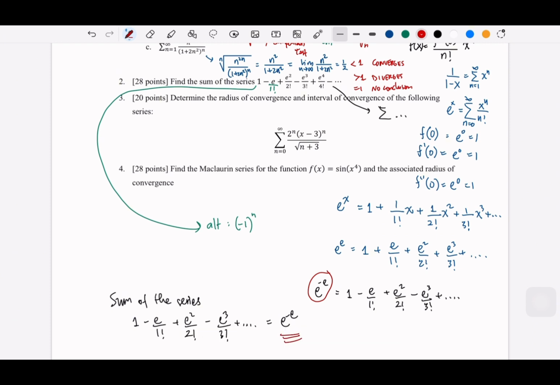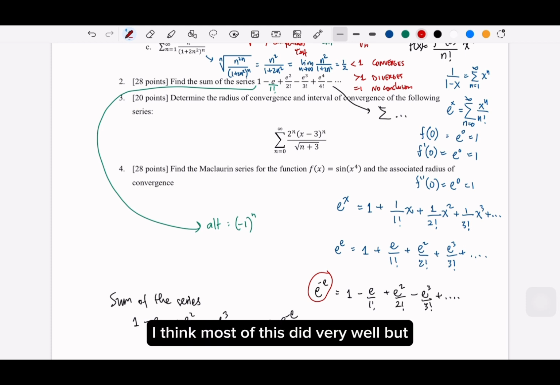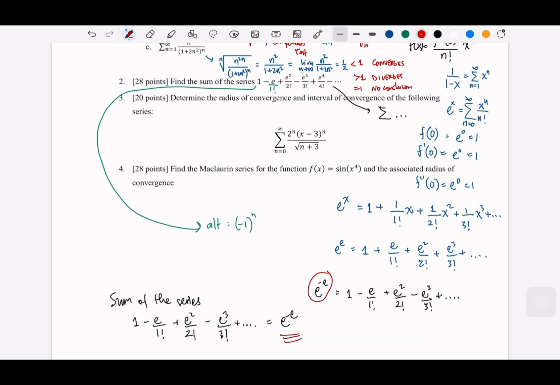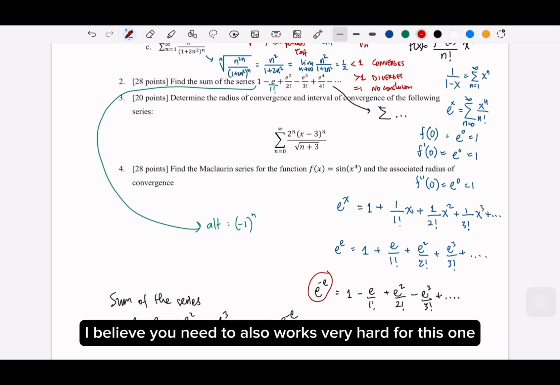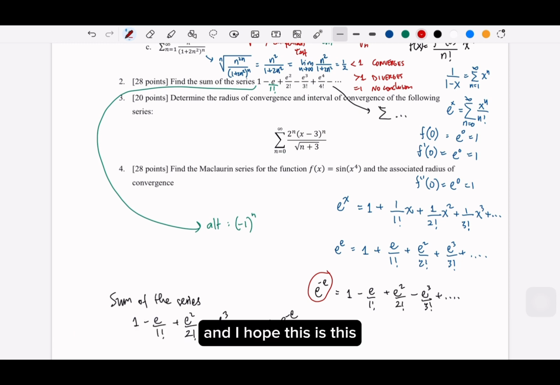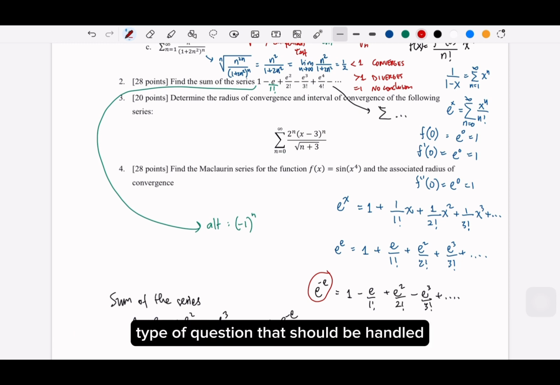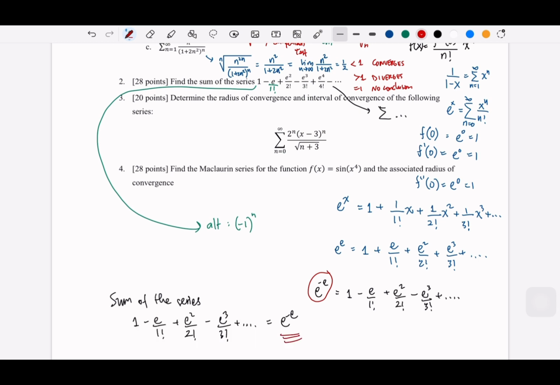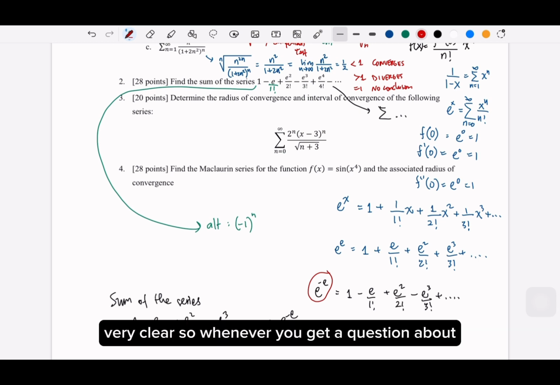Number 3, I think most students did very well, but I believe you also need to work very hard for this one. And I hope this is the type of question that should be handled very clearly.